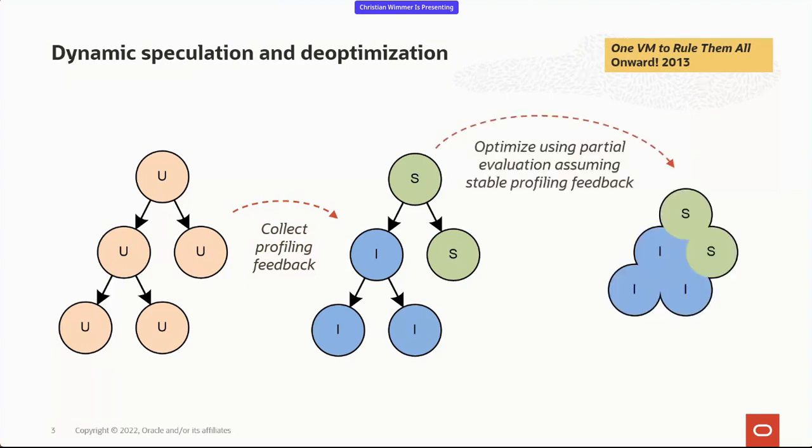Then you can actually do a partial evaluation of the interpreter. So you can take the interpreter and run your compiler over it, inlining all these type specialized execute methods, and get highly optimized machine code out of that. But of course, we are in the setting of a dynamic language, and all of these specializations are never set in stone. You always need to be able to go back and redo your decisions.